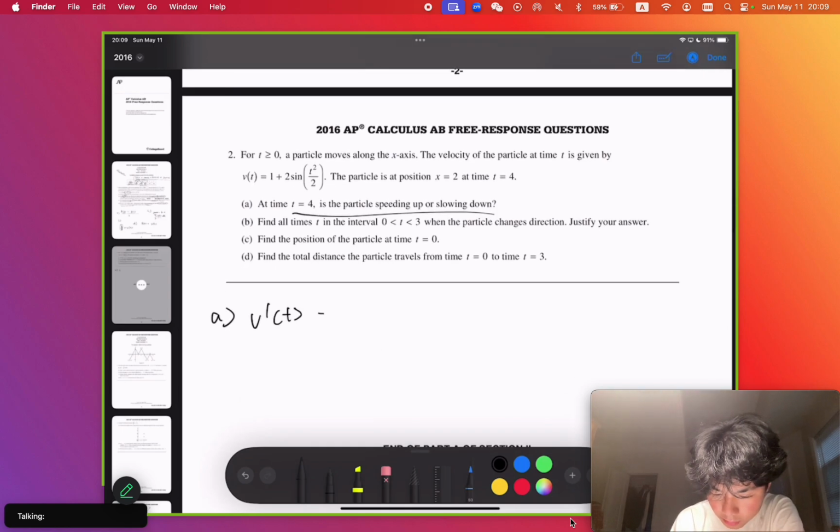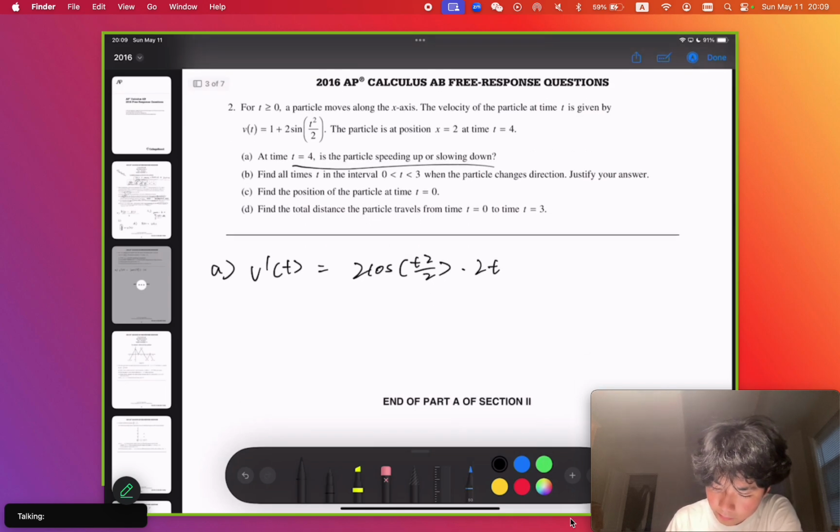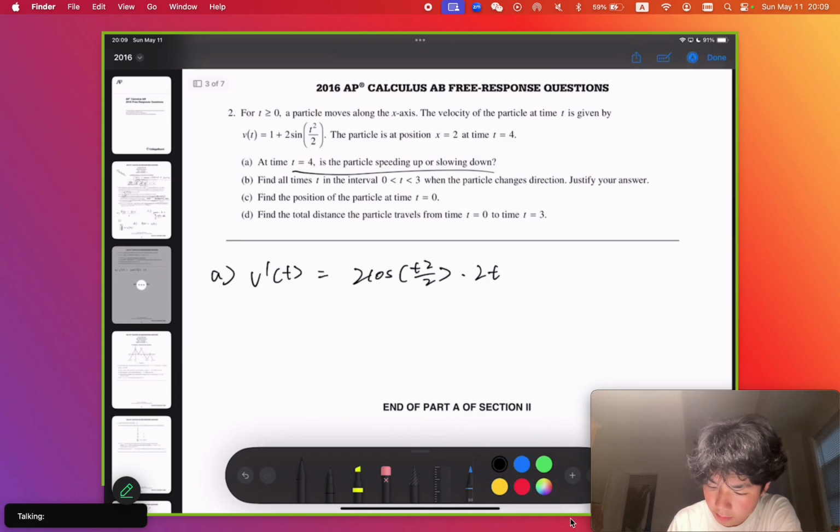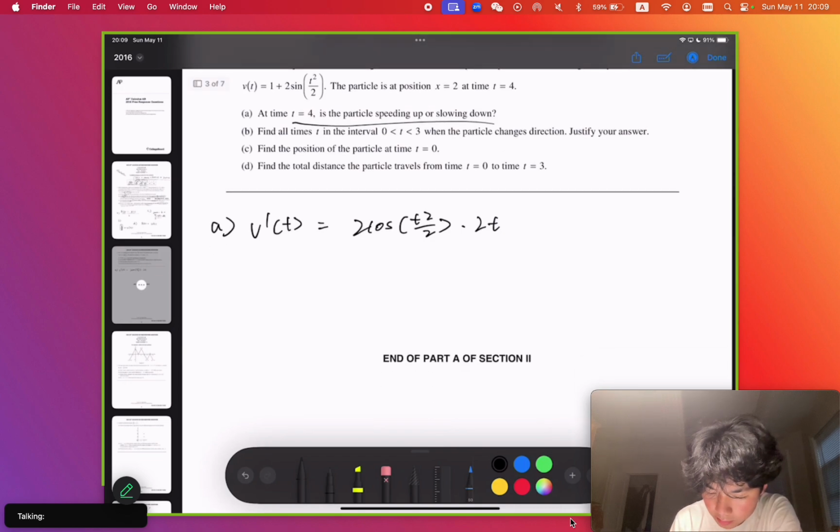So v'(t) equals 2 cosine of t squared over 2 times 2t, and at t equals 4, this equals 8 cosine.